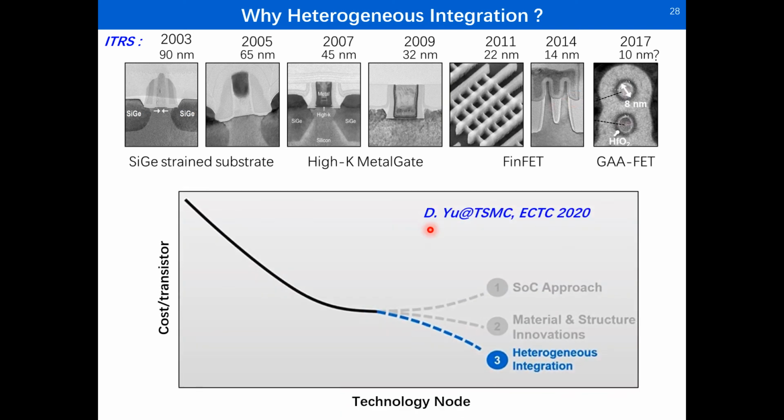The Vice President of TSMC, Dr. Yu, predicted that the SoC approach inherited from ITRS will lead to higher cost with the development of technology nodes, and the effect of material and structural innovation is not that good either. The only way to continuously reduce the cost might be heterogeneous integration.